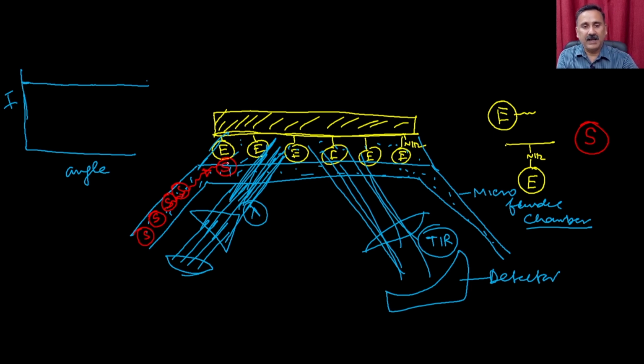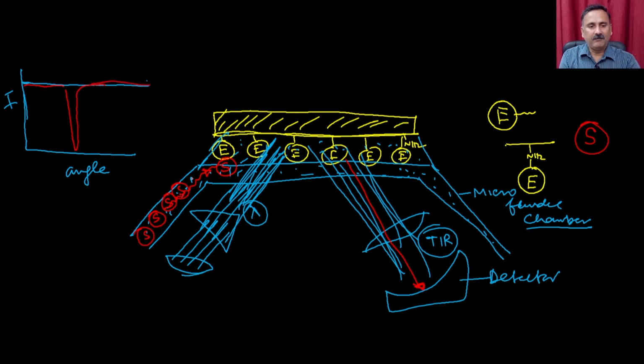As soon as they bind the enzyme, there will be a change in the absorption pattern. Because of that, you are going to see an absence of light in this particular light beam, and as a result it is going to show you a dip, and then again it will come back.